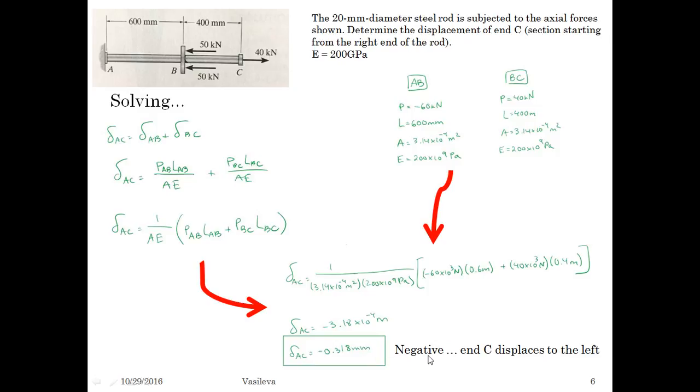So it's negative, and what does that mean? It means that this end C is going to end up displacing to the left. So this rod is going to overall get a little bit shorter, just slightly, by 0.318 millimeters. So yeah, I hope that clarifies things just a little bit.